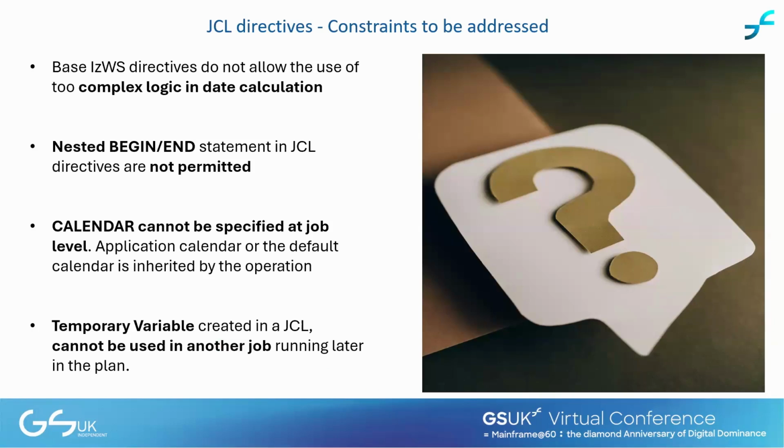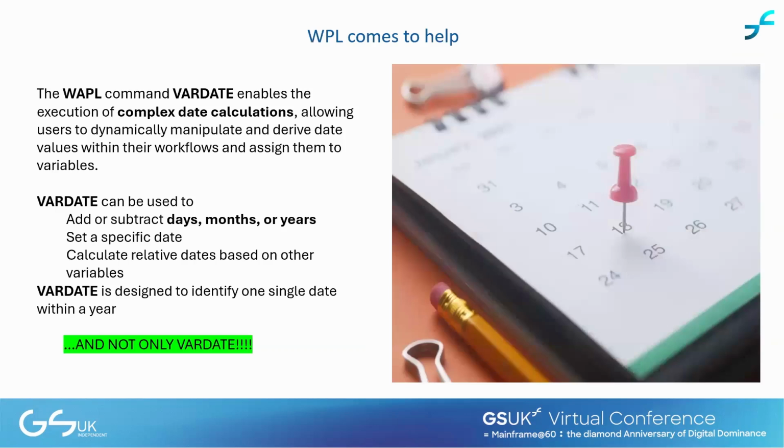So what can we do in this situation? Here WAPL comes to help. What is WAPL? Many of you may already be aware of the WAPL language, but for those who are not, I'll give a brief explanation.